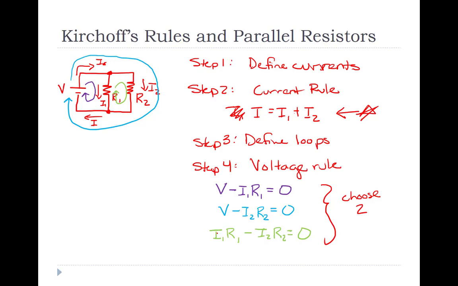Okay, so now we're going to keep going here, and we're going to solve this. The first thing I'm going to do is use I equals I1 plus I2. I then have V minus I1 R1 equals 0 as one of my 2 loop equations, and V minus I2 R2 equals 0.